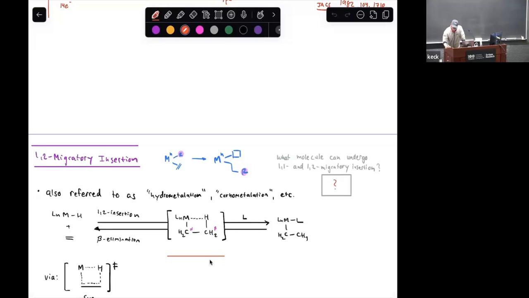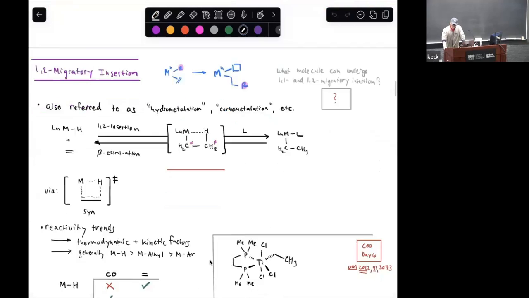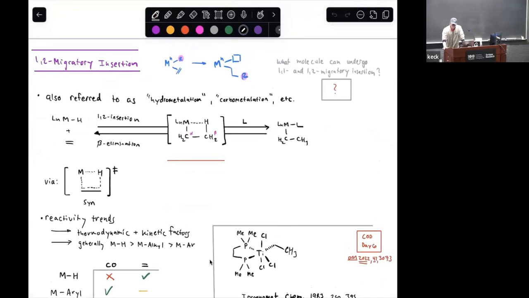So in terms of a general schematic, in the 1,2 migratory insertion, we're going to have a bound pi system, typically diatomic, coordinating through a sigma bond, and then a coordinated ligand, something like a hydride, a carbogenic group, or in some cases heteroatom substituents, will migrate into the bound pi system.